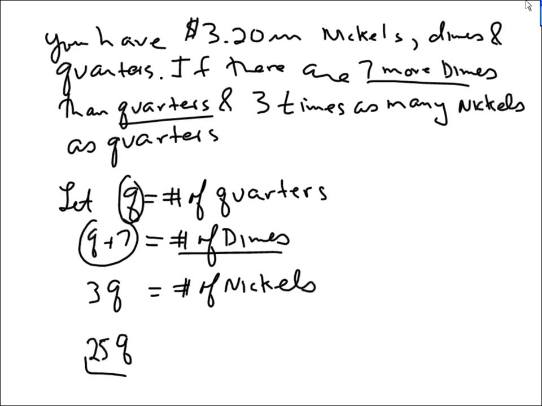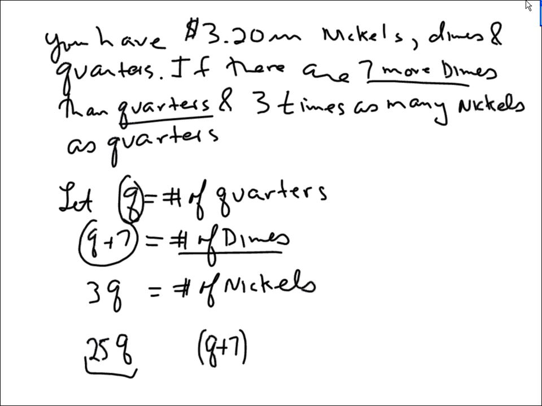This is the amount of money you have in quarters. How much money do you have in dimes? I don't care how strange these quantities look, but Q plus 7 is the number of dimes I have. If you have 8 dimes, how do you figure out how many cents you have? 8 times 10, you have 80 cents.